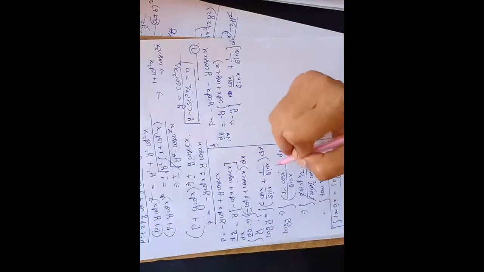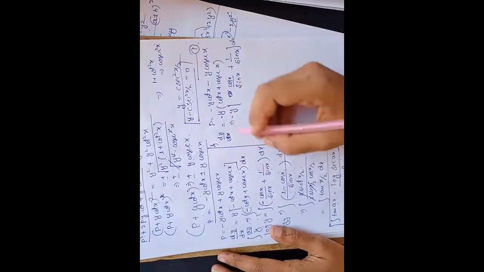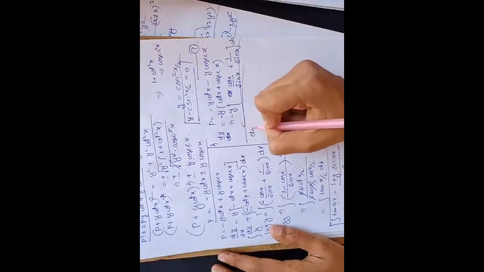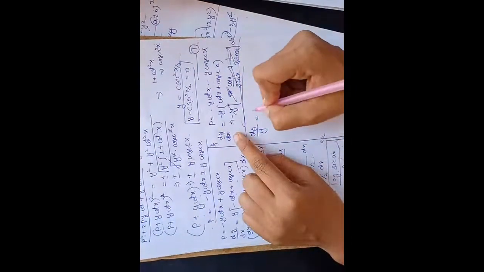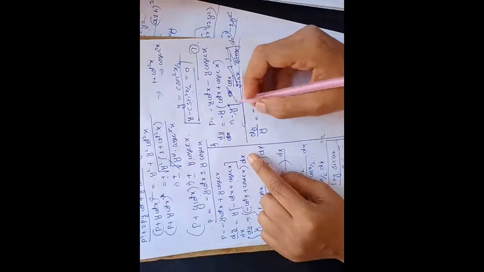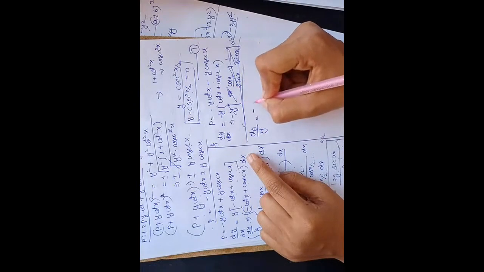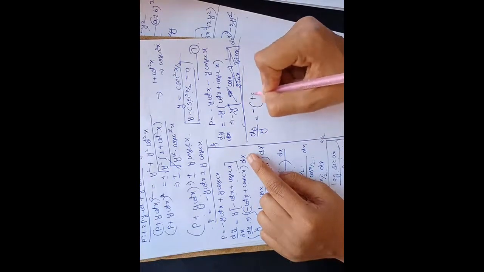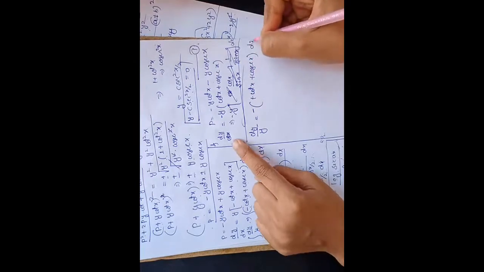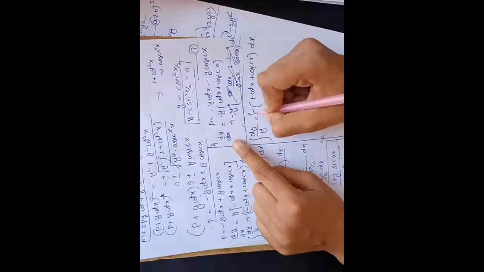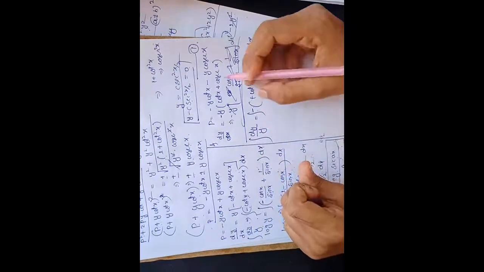So dy divided by y is equals to minus as it is, cot x plus cosec x into dx. So apply the integration of dy by y, integration of minus cot x plus cosec x into dx.